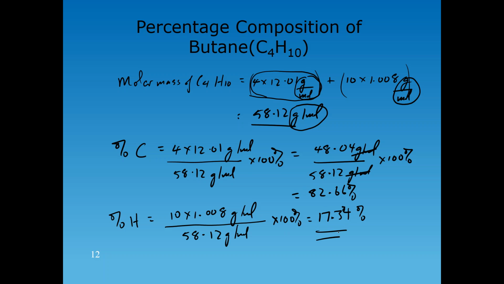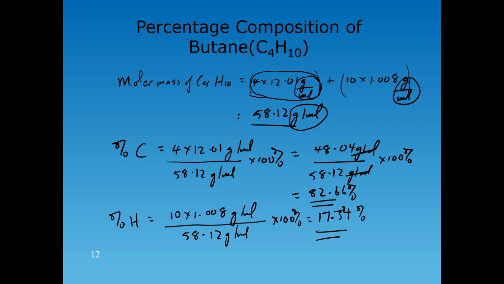All right, so those are the percent composition values for carbon, which is 82.66%, and hydrogen, which is 17.34%. And as I said before, if you add up the total percentage, you should get 100, which is the case. If you add 82.66 plus 17.34, then the answer will be 100%.